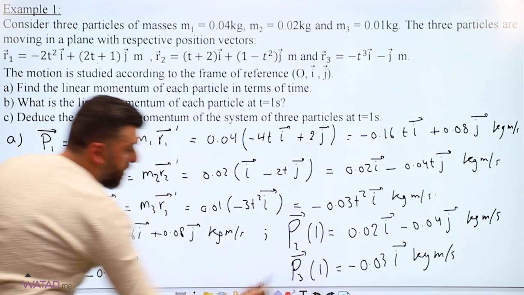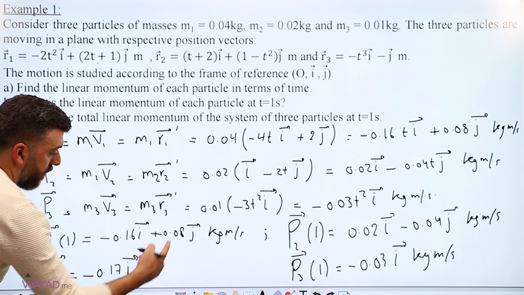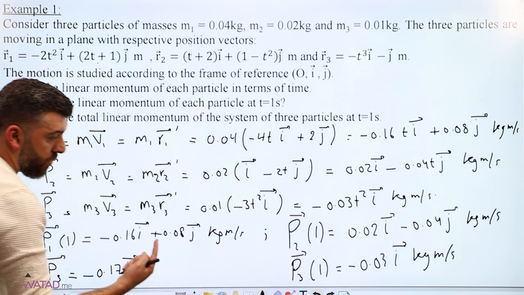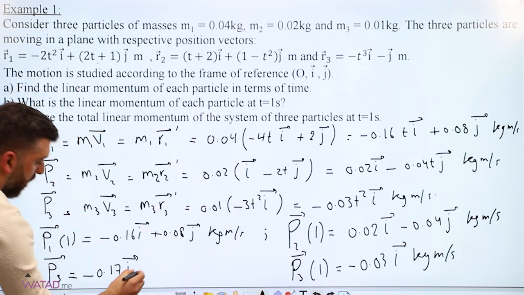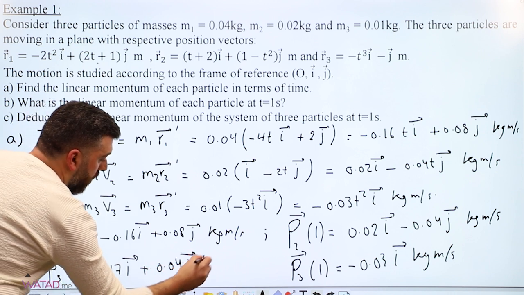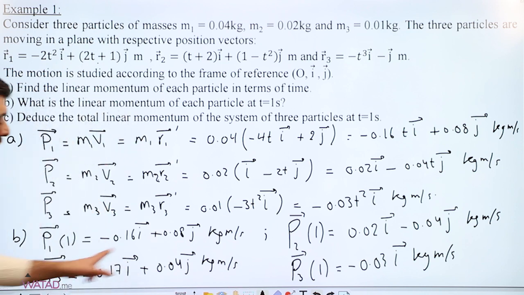For j, 0.08 minus 0.04 gives 0.04, and p3 has no j, so it becomes plus 0.04 j kilogram meter per second. So this is the total momentum of the system.